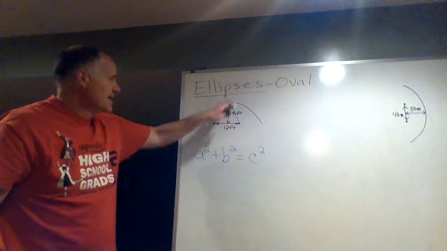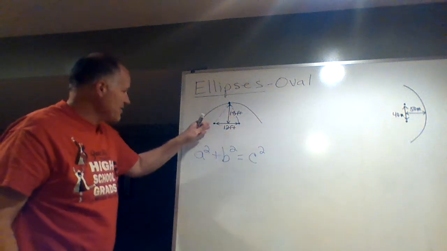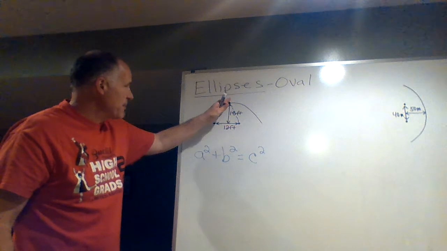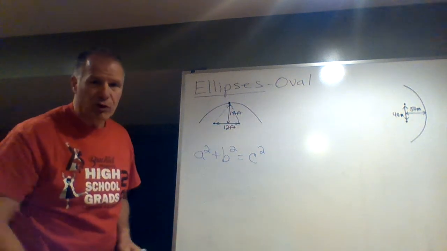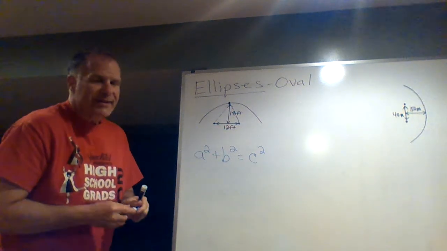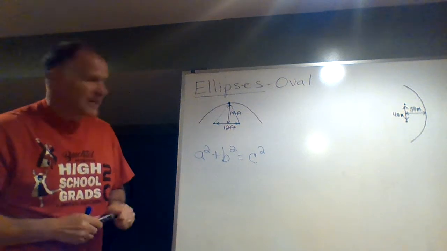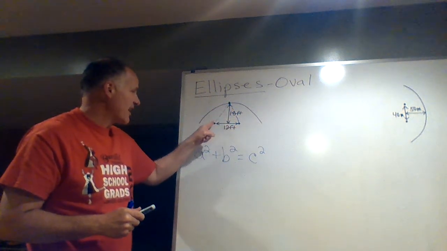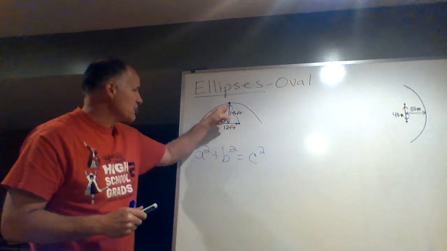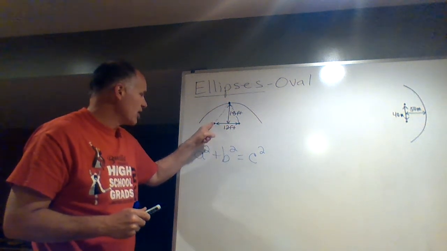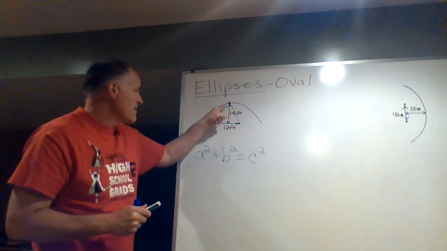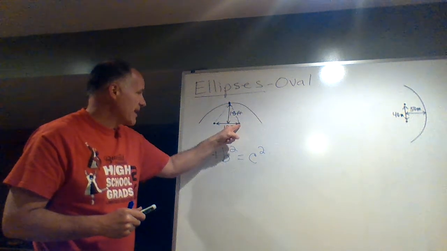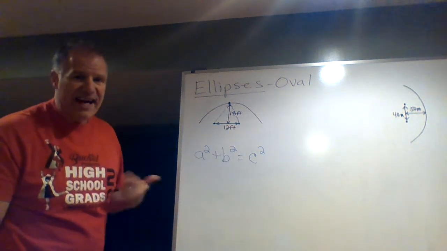Because we know that's an ellipse, if I shot some light, it would bounce and come right back to this other focal point. And basically the question is going to be, how long is that light, the distance of that light? How far did that light travel to go from this position, bounce off the ellipse, and come back to that other focal point? Okay, so that's going to be the question.